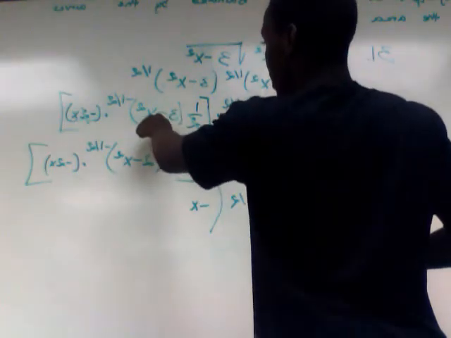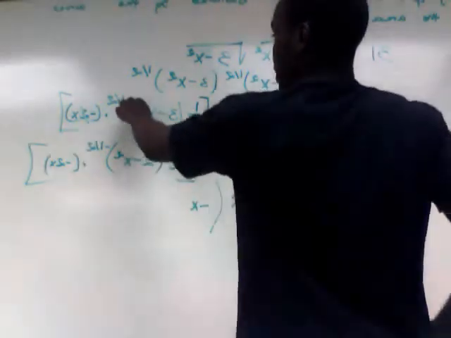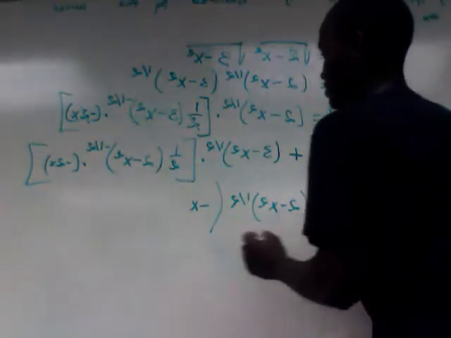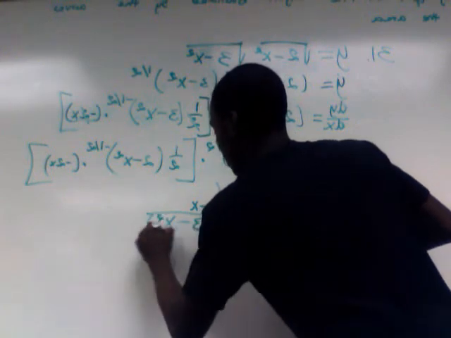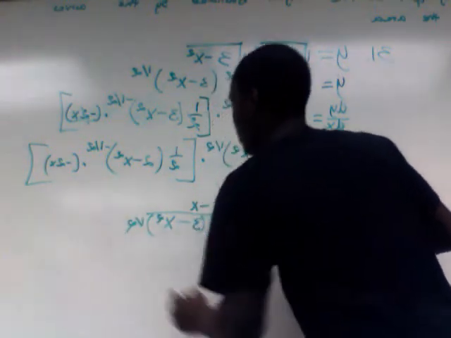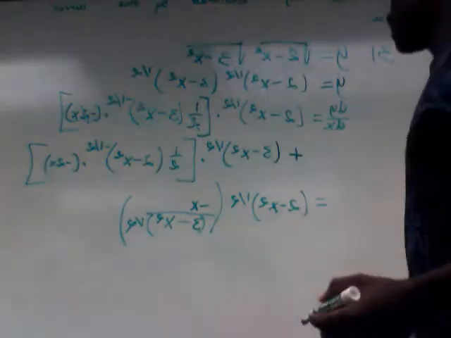And then you want to bring down 3 minus x squared raised to the negative 1/2 power to turn this negative sign into a positive sign. So you have 3 minus x squared to the 1/2 power. Right? Looks a lot simpler.